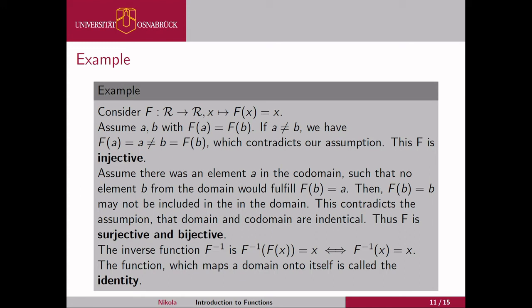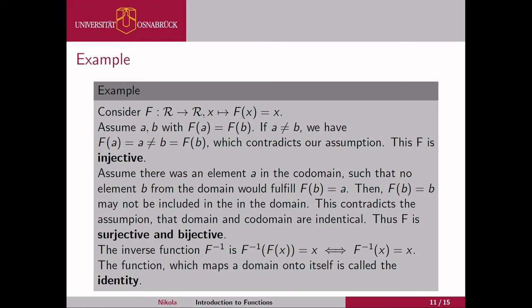How can we find a contradiction? Well, f of b is equal to b, right? Just by the definition of a term, f of x is equal to x. But b may now not anymore be included in the domain, because if b was part of the domain, then, well, f of b would be equal to a, right?